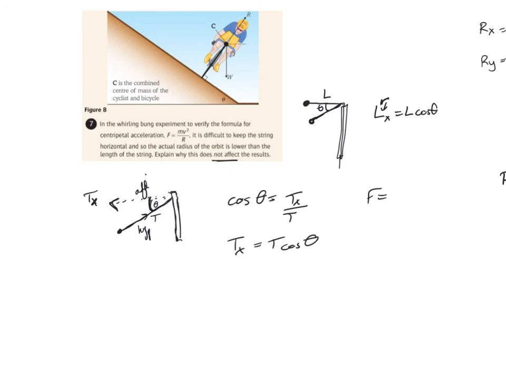So F is equal to mv squared over r. What you have is T cos theta, so that's my centripetal force, is equal to mv squared over L cos theta, which cancels out.